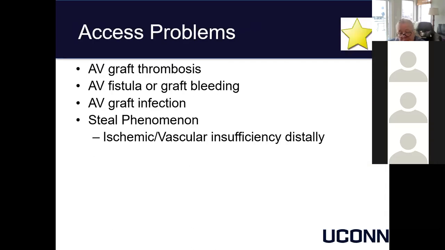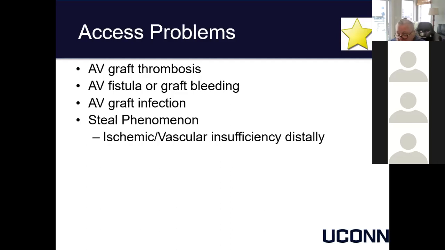There is some potential for bleeding. There's potential for thrombosis. There's infection. And then again, steal phenomenon is what happens, usually more commonly immediately after a fistula or a graft has been placed.